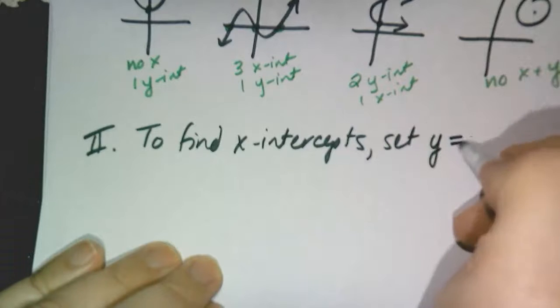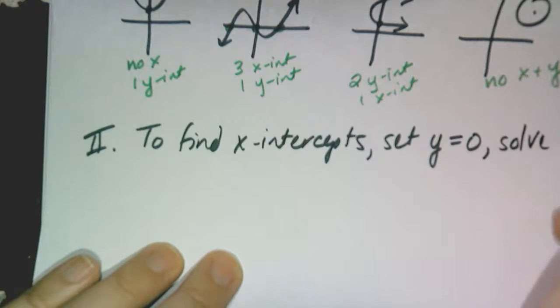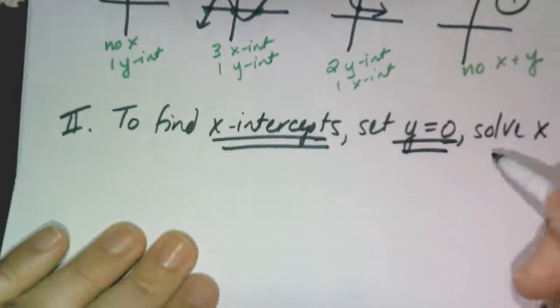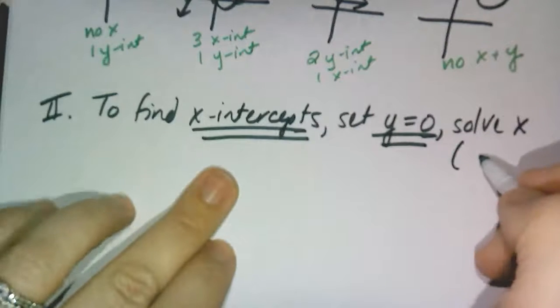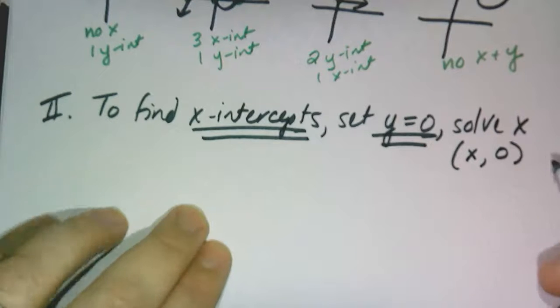Set the y equal to 0 and solve for x. What an x-intercept is, you always have an x value and a 0 for y. That's what an x-intercept is.